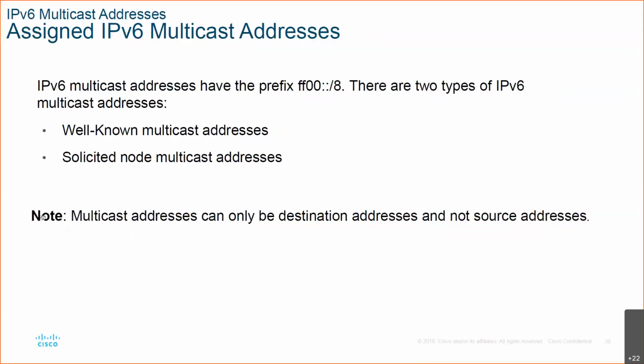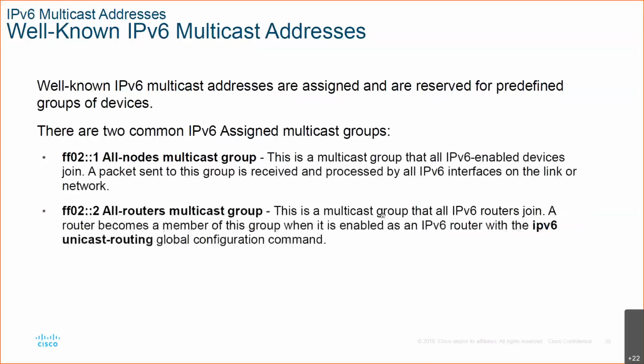And yeah, this is important. A multicast address can only be for destination. A series of devices can have the same multicast address, not for source. So you can have either the all nodes multicast group, whereby a packet is sent to all the hosts in that network.